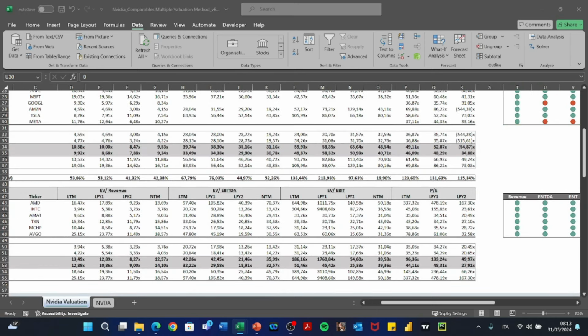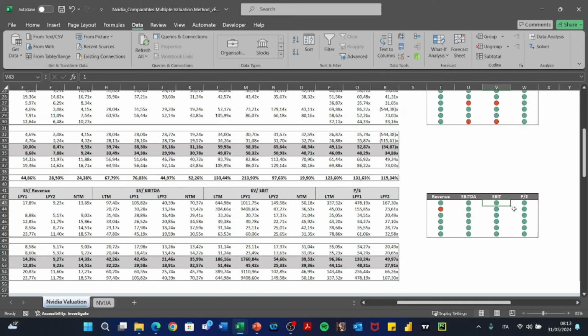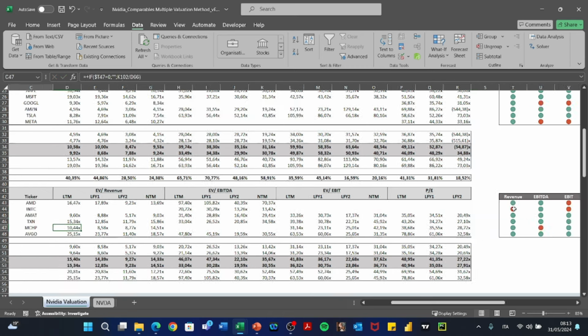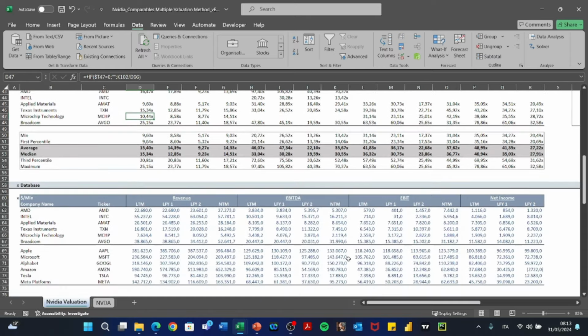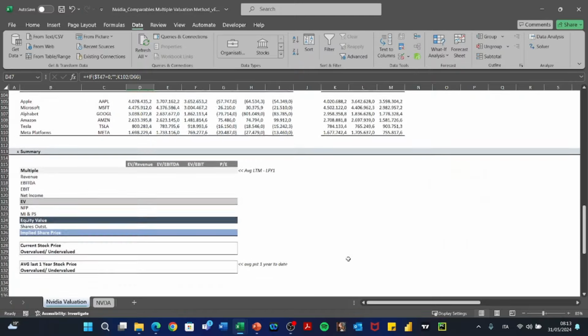And I did the same also here below. I excluded this. This is a very subjective process, so it's really up to you if you want a higher or lower valuation.